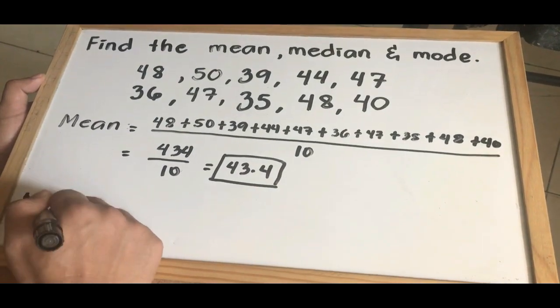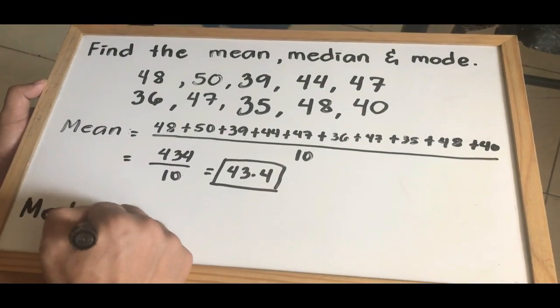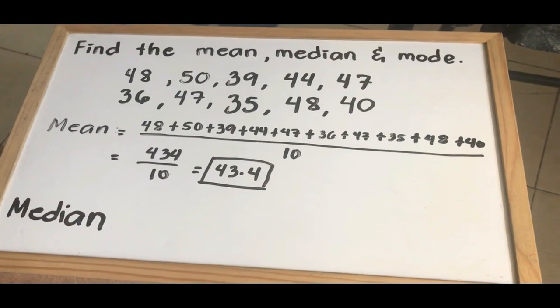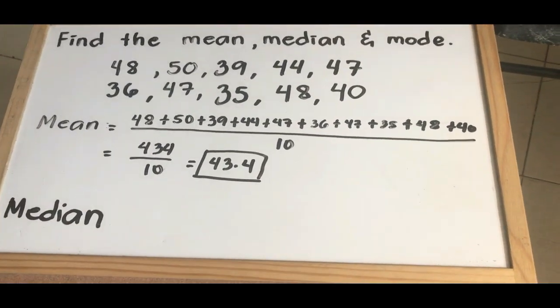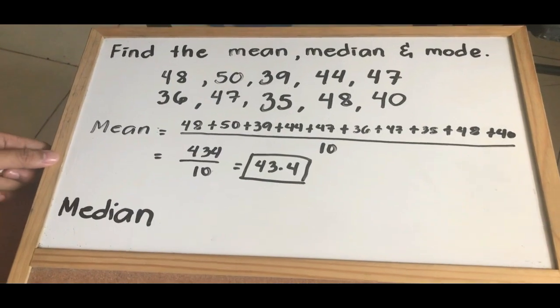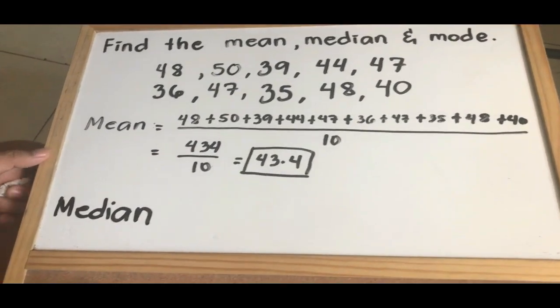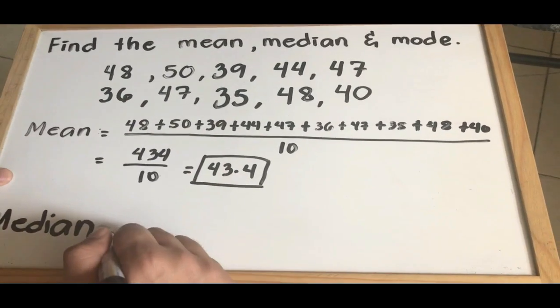Next, median. To get the median, or the middlemost data, arrange from lowest to highest. That is the first step. So let us arrange.